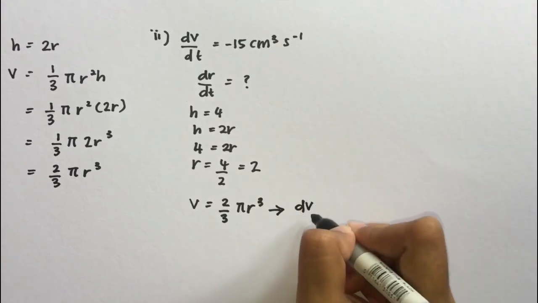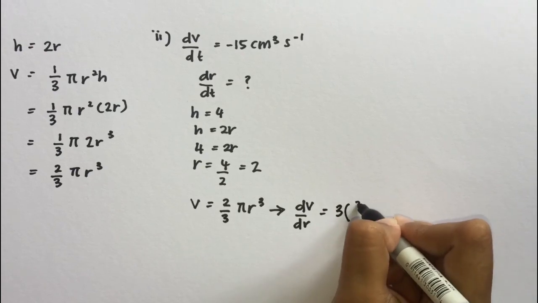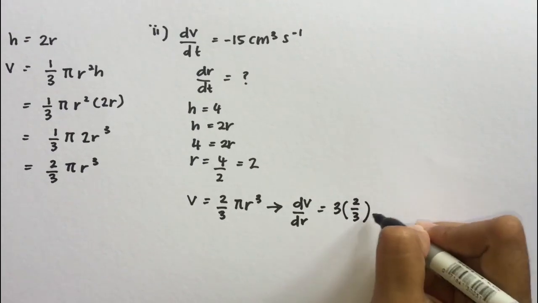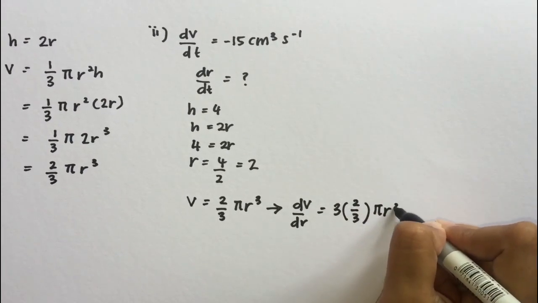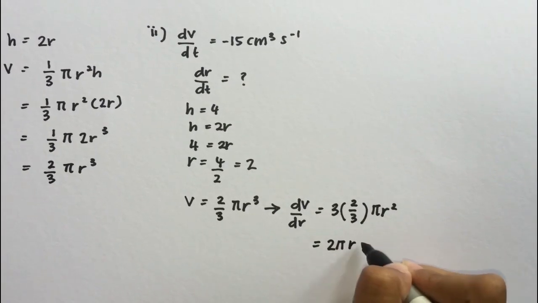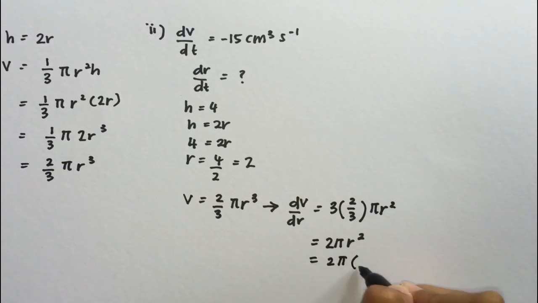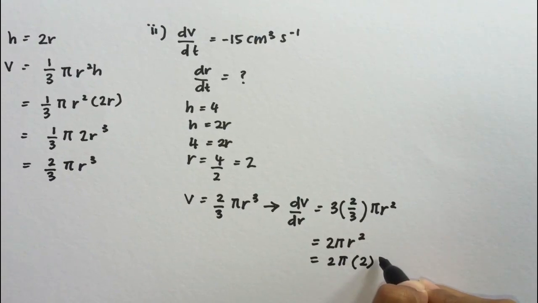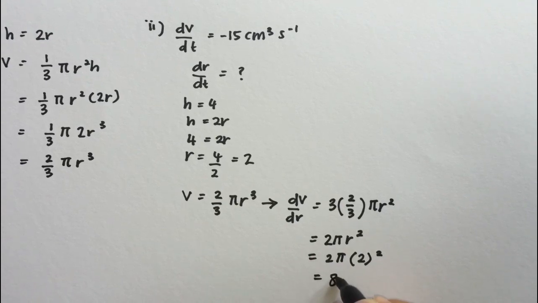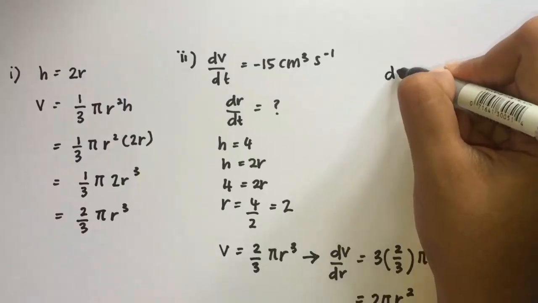Using the equation that we got in the previous question, which is 2 over 3 pi r cubed, we must differentiate it into 2 pi r square. Next, when we get dv over dr is equal to 2 pi r square, we have to substitute the value of the radius. So it will be 8 pi.